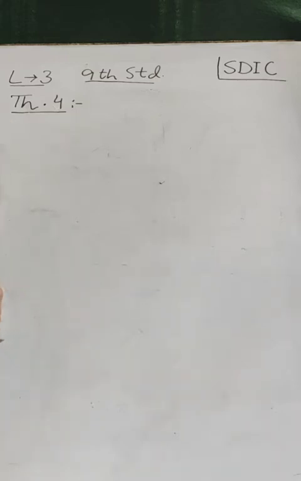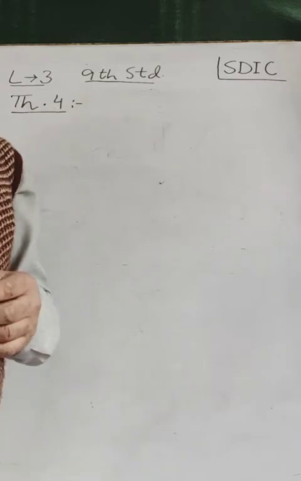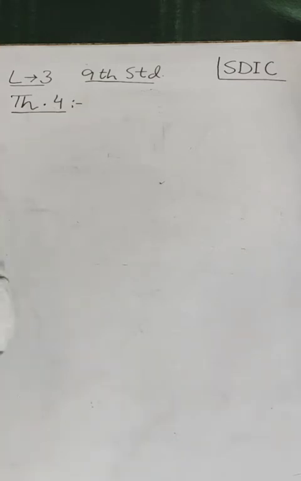Statement of the theorem you have in the textbook: in a parallelogram, opposite angles are equal. Like theorem 7.2, it also has the similar statement, in a parallelogram. Therefore we are given here, like theorem 2, a parallelogram. In theorem 2 we had to prove opposite sides are equal. Here you have to prove opposite angles are equal.